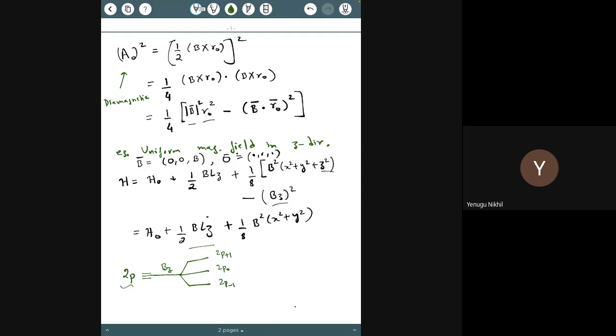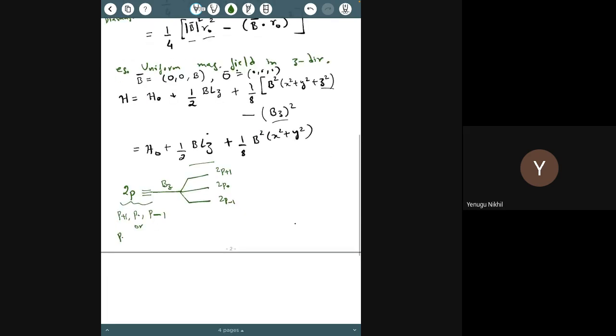This set you can represent either as p plus, p0, p minus 1 or px, py, pz. But here you cannot have px, py, pz anymore. They've become complex. Okay, so this term splits energy levels.